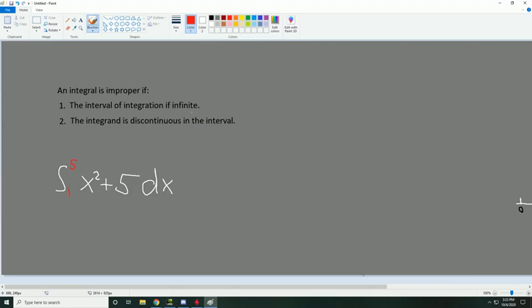So first let's determine what the integrand is. The integrand is going to be our function. In every integral problem, we're going to have the integral sign, our function, and then a dx. So we need to determine if this is discontinuous.